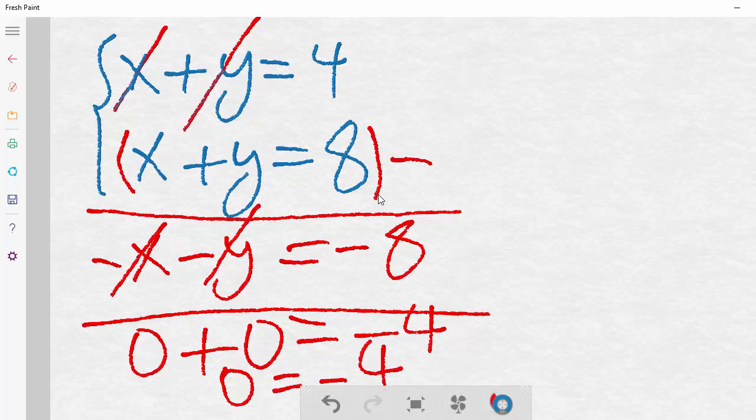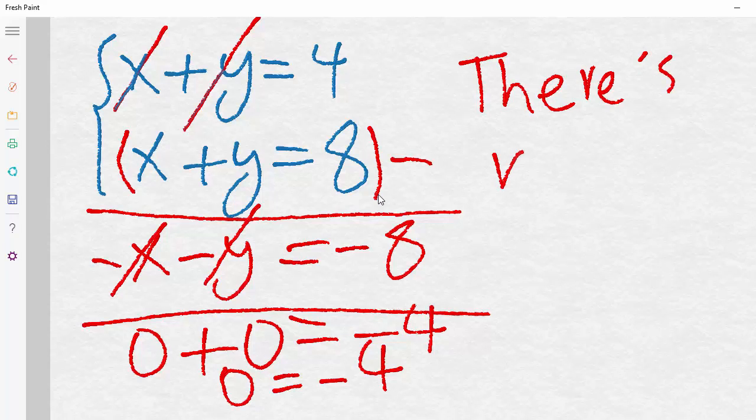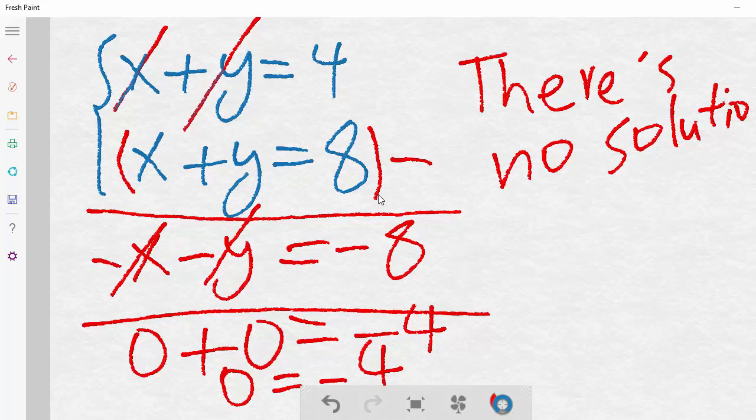What does that mean? We can't solve this. When you get to this situation where 0 equals a number, that means there is no solution. In other words, these two lines are parallel.